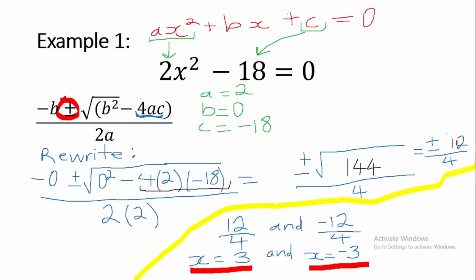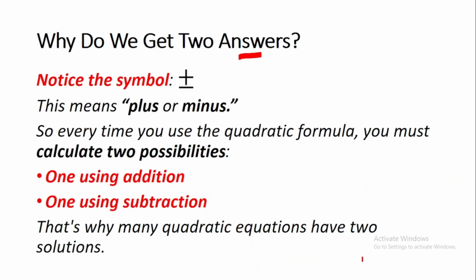Separated into two parts, we will have the positive 12 and the negative 12, all divided by 4. So we have two possibilities, one where we're dividing by a positive 12, and one where we're dividing by a negative 12. So that's how we got the two possibilities, and that's the reason why we have a positive 3 and a negative 3. All right, moving on.